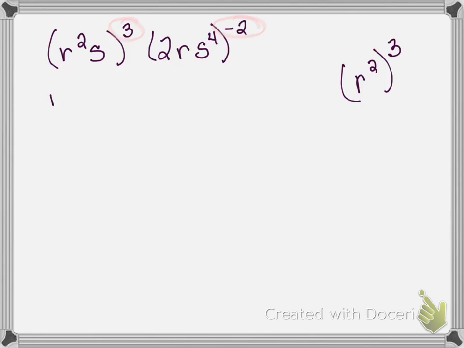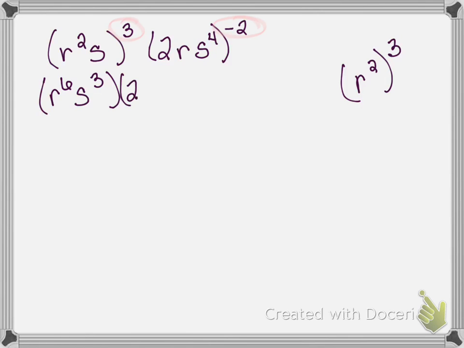Multiply. So this is going to be r to the 6th. Okay? Then I'm going to have s to the what? Third power. Okay? And that is being multiplied times 2 to the negative 2 power. Your number in there has to be multiplied by that exponent as well. Or not multiplied, it has to be raised to that exponent.